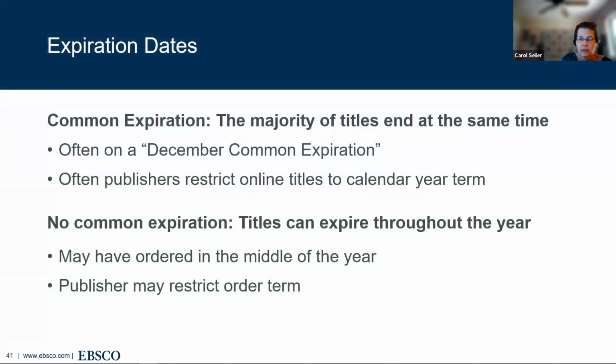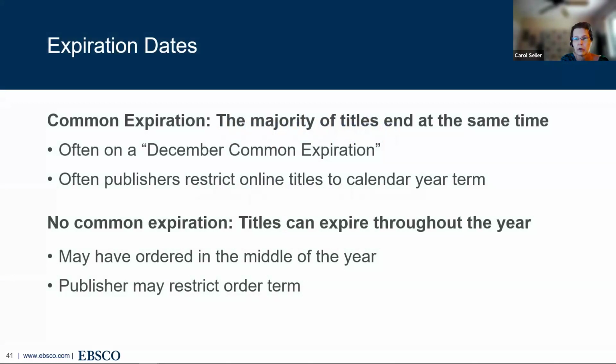Expiration dates. When you're renewing, you want to try to get to a common expiration. Generally speaking, most academic libraries go on a common expiration. This means wherever possible, everything expires at the same time. This reduces the number of renewals during the year, reduces the number of invoices during the year, and makes things just hunky-dory, easier to work with.